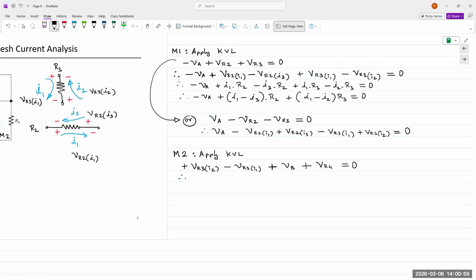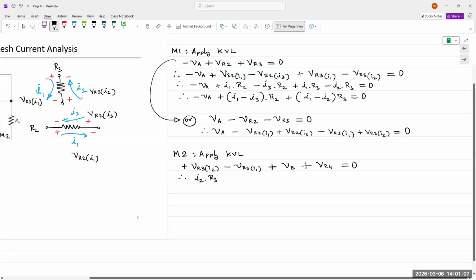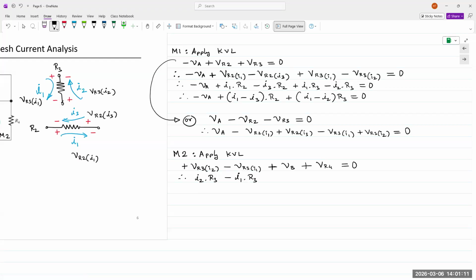Then apply Ohm's law. I can write I2 times R3 minus I1 times R3 plus VB plus I2 times R4 is equal to 0.